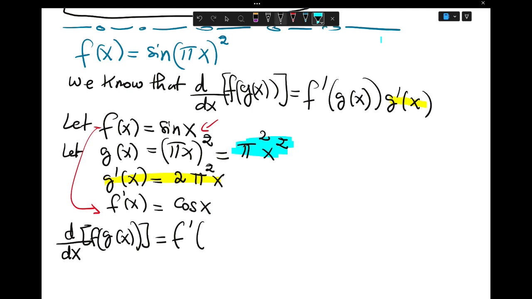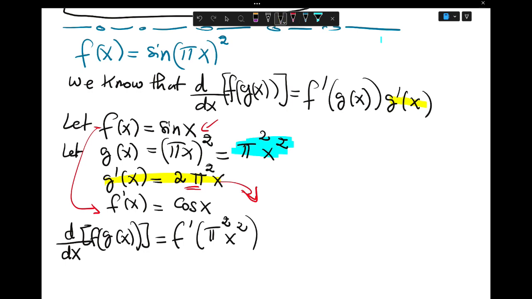So that's what we need. We're just going to write down here f prime of this pi square x square in parentheses, then we can write down g prime, which is going to be this right here.